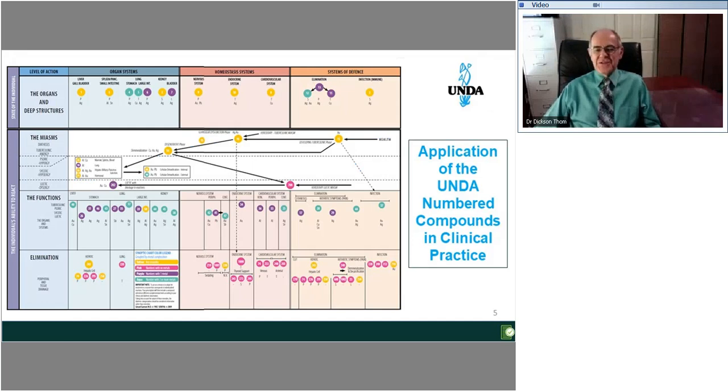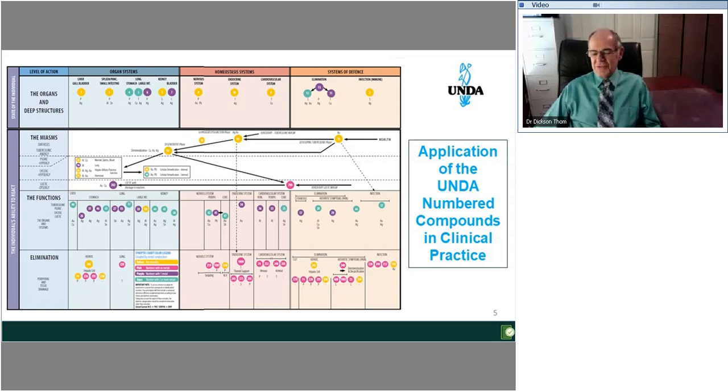When I was first introduced to UNDA, I was given a piece of paper that had probably been photocopied 100 times. You could barely read it. It was black and white, some numbers, and I think it was probably in French also at the time. That's how I started using UNDA numbers.